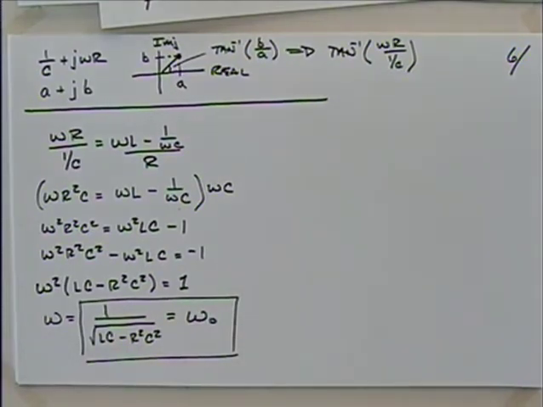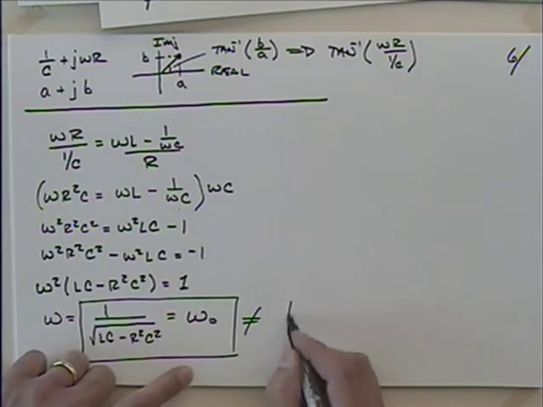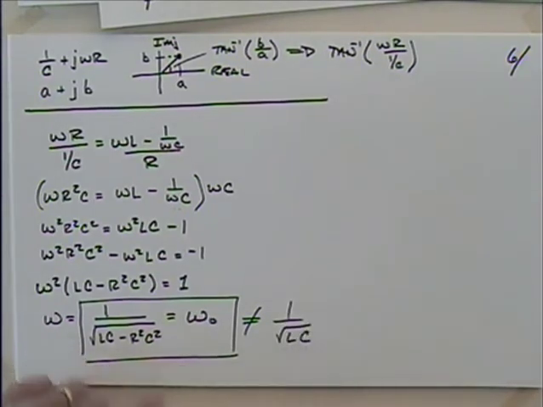So we'd have something like this, which is certainly not 1 over the square root of LC, a little more complicated than that. Okay with that?